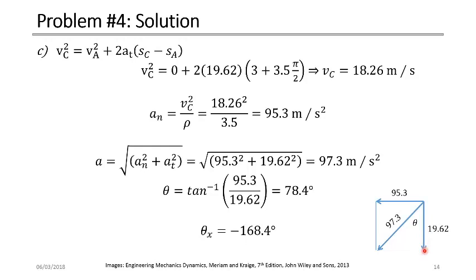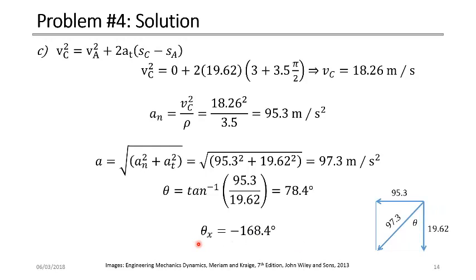And then the normal component is going towards the center of curvature, so it will be going in this direction. So the total acceleration is going to be in this direction, and the angle is between the total acceleration and the tangential component. So we take this component, which is 95.3, divided by this component, so the angle is here. But if we wanted to measure the angle with respect to the x-axis, which is in this direction, we need to add this angle, which is 90.